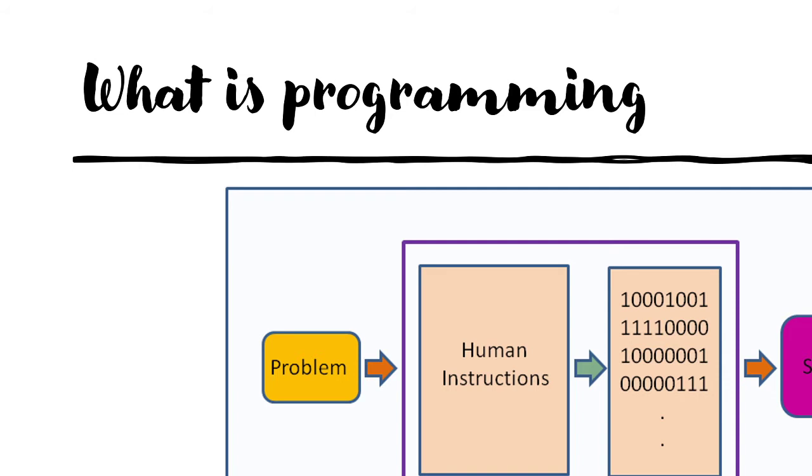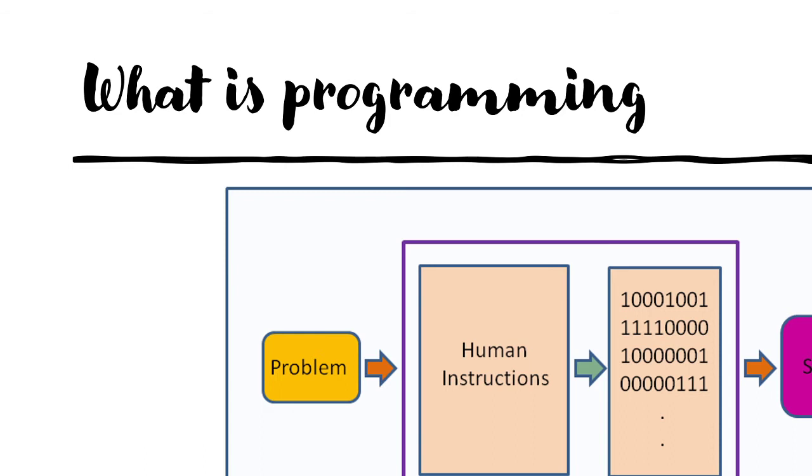So there is a gap. We humans understand high level languages. We might understand English, Hindi, Japanese, Chinese, right? But a computer does not understand this directly. A machine generally deals with electrical signals, and it understands only two types of voltage: a voltage, and no voltage.